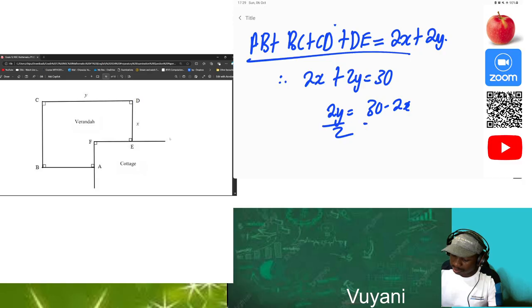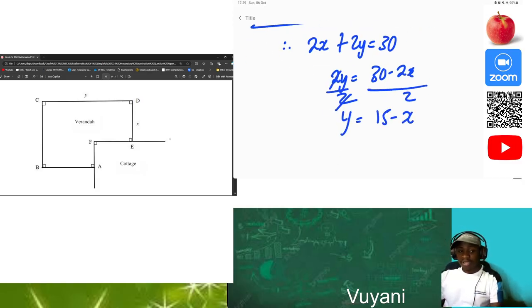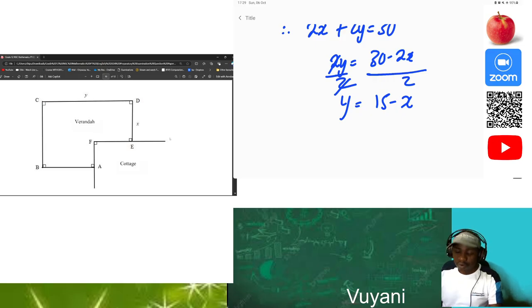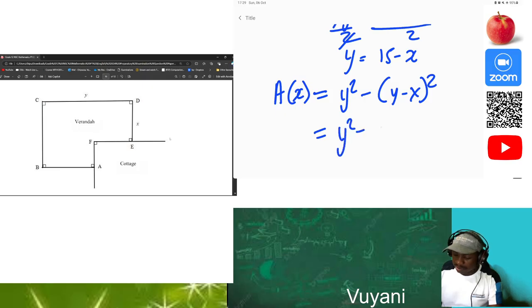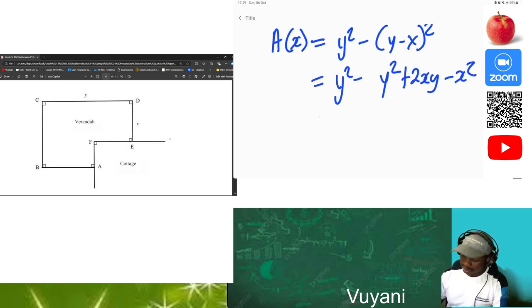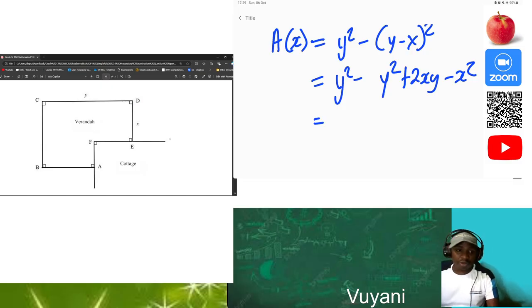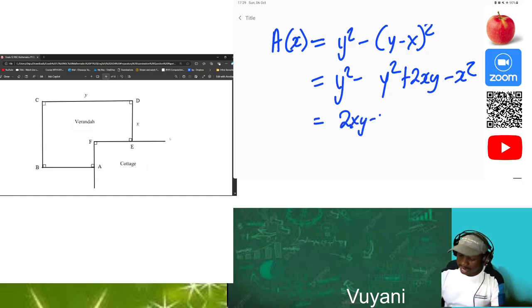Then you divide all through by 2, then your Y will be equal to 15 minus X. Of course now we can have our area A of X as a function: that will be Y squared minus (Y minus X) squared, which is the same as Y squared minus Y squared plus 2XY minus X squared. Y squared minus Y squared is 0, so we end up having 2XY minus X squared.